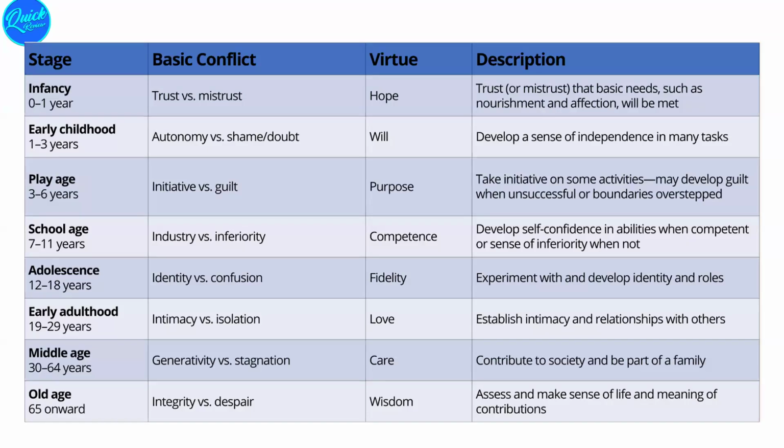Coming to the second stage, that is early childhood from 1 to 3 years. Here, the basic conflict is autonomy versus shame and doubt. The virtue is will. Now a child is slowly learning to do things independently. The basic task is like toilet training, simple. If the parent gives autonomy, like appreciating them, yeah, you are doing good, very good, this is how we have to do it, thank you for telling me that you have to pee, that kind of reinforcement, the parent is creating autonomy.